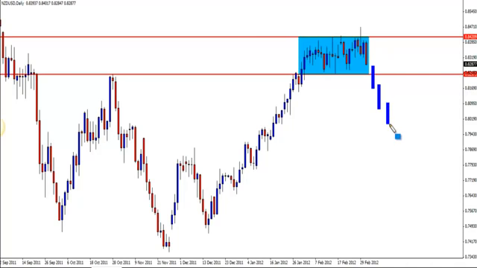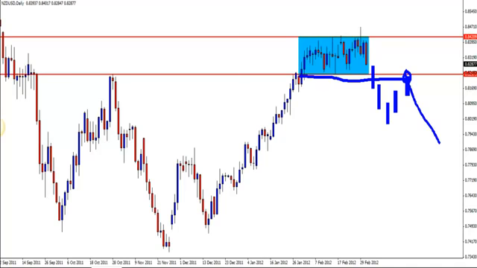I'll be looking for price to break lower like that, then retrace back up to this same level. The bottom of the box will then act as a resistance area, and I'll look to get short with price action from this level.